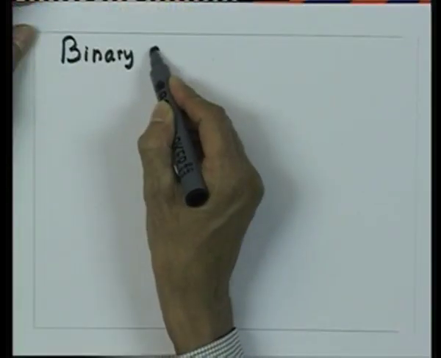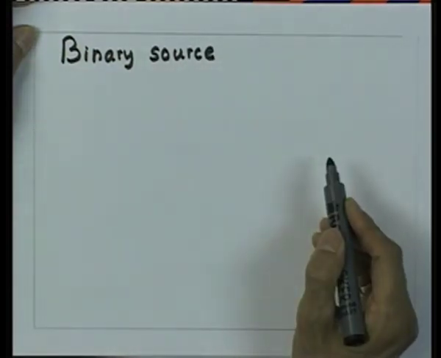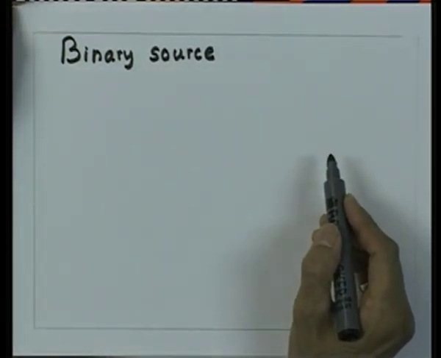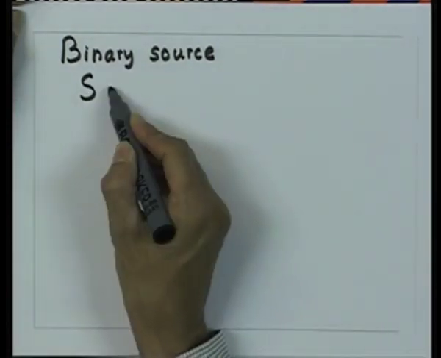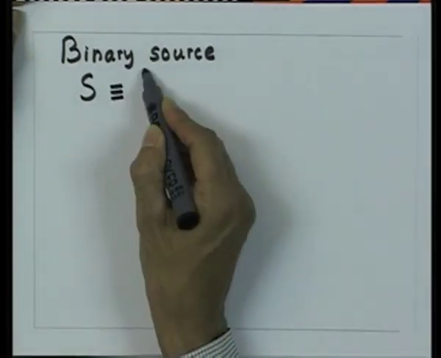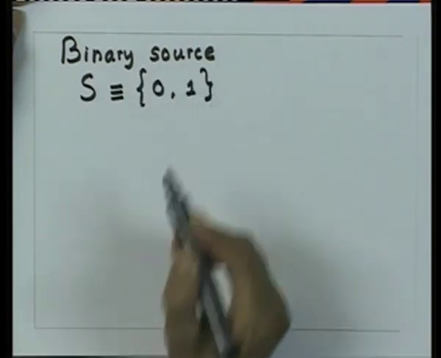Okay. Let us take a simple example of a binary source. I have a binary source which is zero memory. Let me denote the alphabet for this binary source S as 0 and 1.